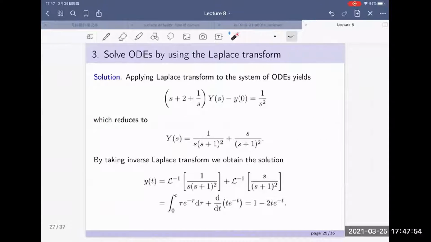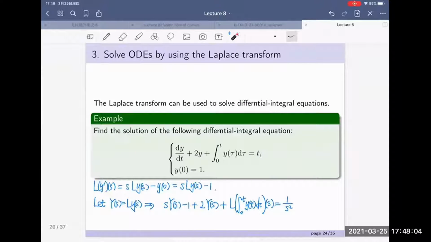So let's look at this term. So this is simply 1 over s. So you see that if you consider the derivative, it becomes multiplication with s. If you consider the integral, it would become a multiplication with 1 over s.